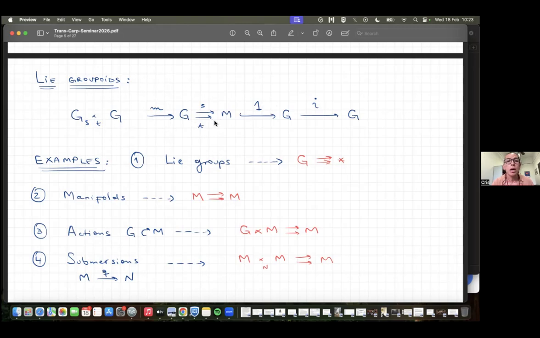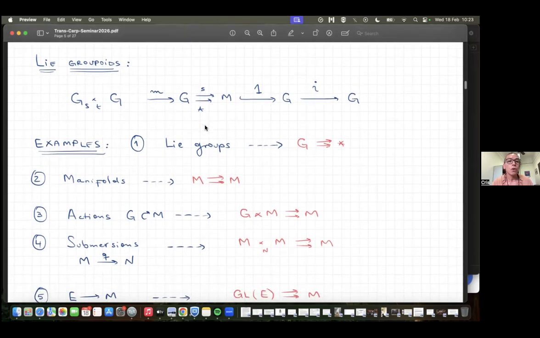So G and M are smooth manifolds, and all these maps that appear here are required to be smooth. And in order to make sense of this fiber product as a manifold, we require that both the source and the target maps, s and t, have to be surjective submersions.